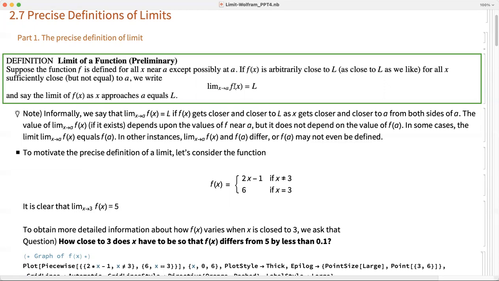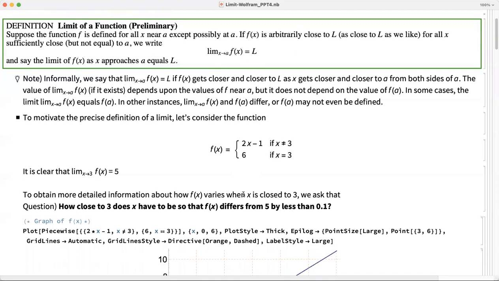Back to the function here: f of x is defined by 2x minus 1 if x is not equal to 3, and if x is 3, then f of x is defined by 6.